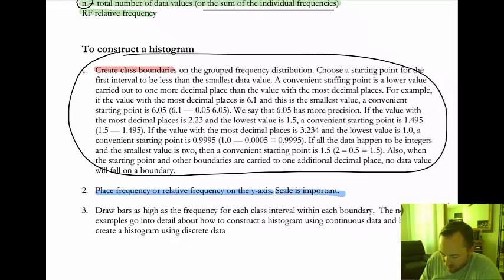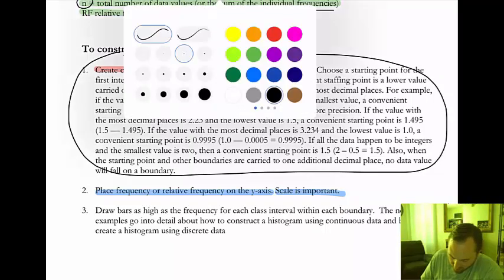And yes, scaling is important, so you want to have a nice even scale. And then the last part is to draw the bars that associate with the frequency within the boundaries.